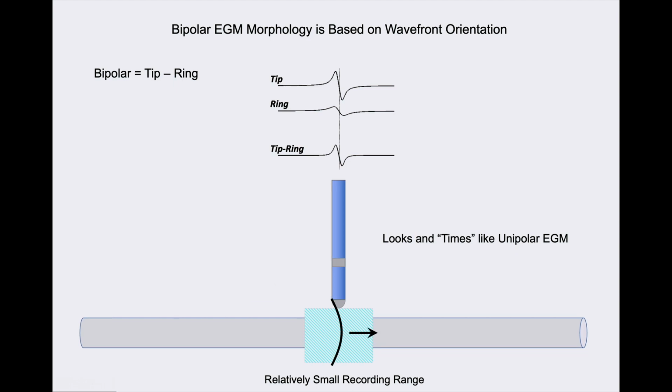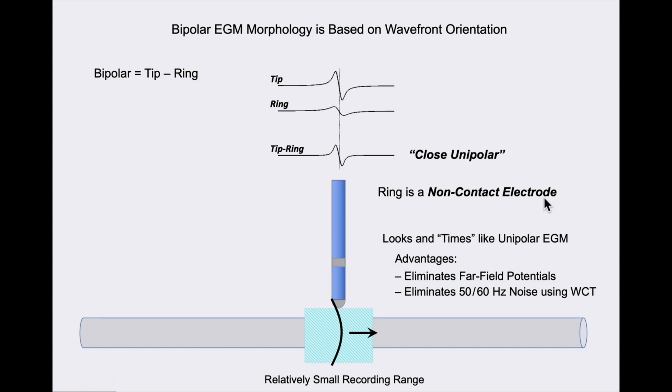So this electrogram, even though it's a bipolar electrogram, looks and times like a unipolar electrogram and has several advantages. Being a bipolar electrogram, it eliminates far field potentials, and it also eliminates the 50 hertz or 60 hertz noise that we get when we use the Wilson central terminal as a reference.